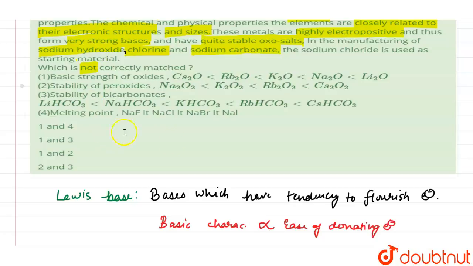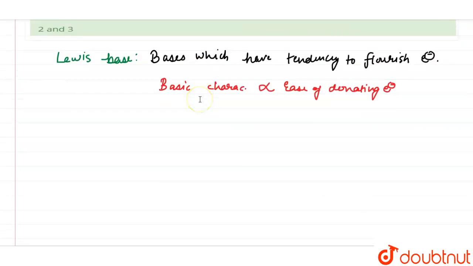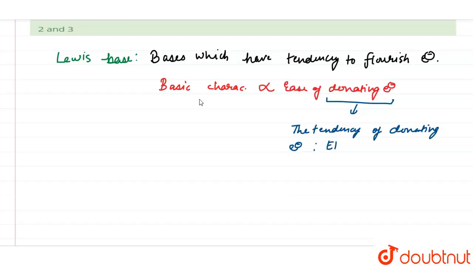Okay, and now we also know quite clearly that the tendency of donating electrons is called electropositivity.